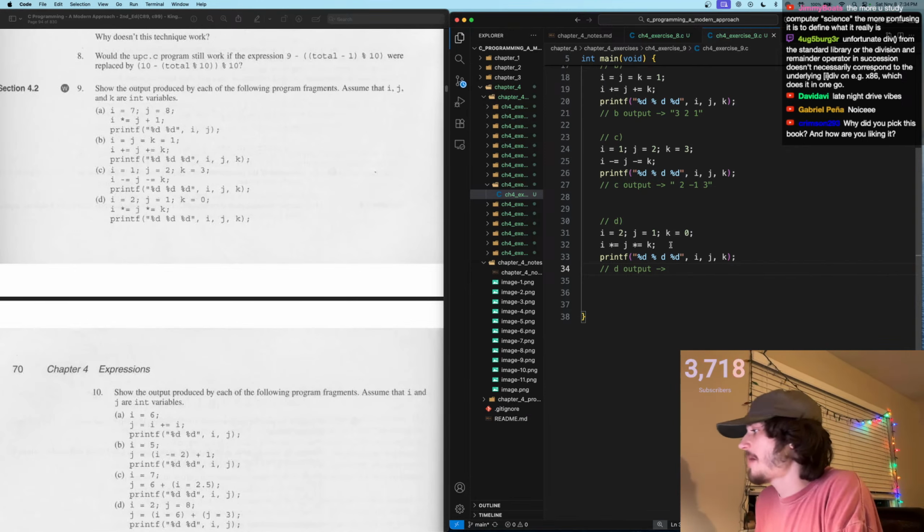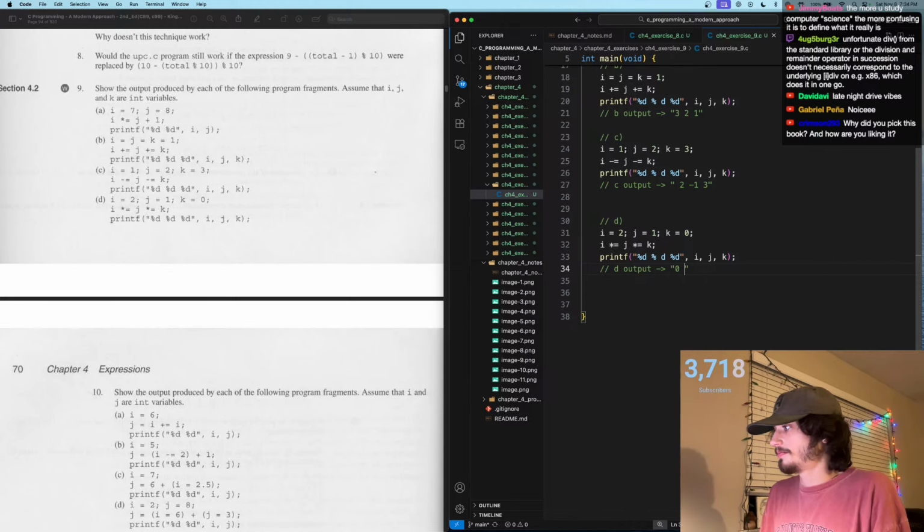Okay, so what's going to happen here is k is 0, which is going to be multiply-equaled by 0, 0. That was pretty easy.